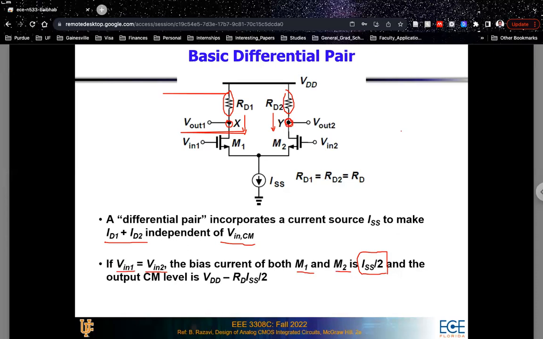So these two voltages at point X and point Y will also be equal, because the voltage drop across RD1 will be equal to the voltage drop across RD2. Now, if the common mode voltage of your input changes, so let's say your Vin1 and Vin2 at these two points, your common mode changes. Even in that case, the total amount of current flowing through the entire component will be equal to ISS.